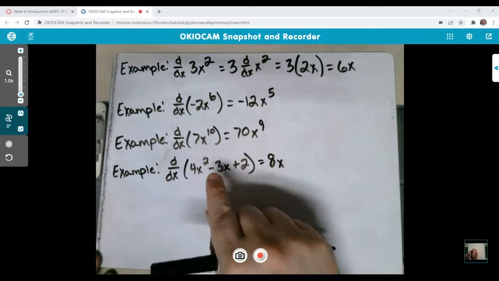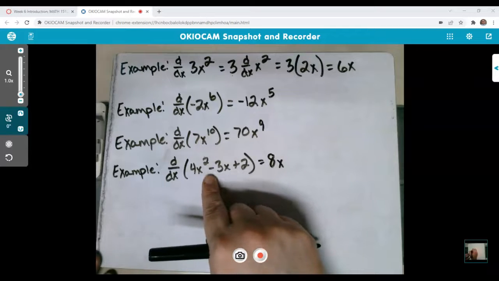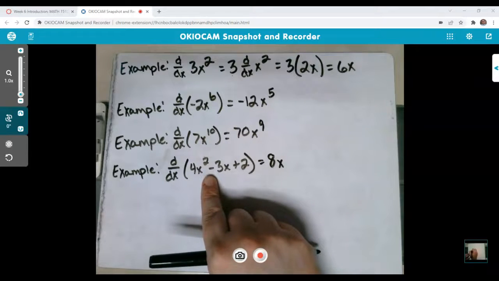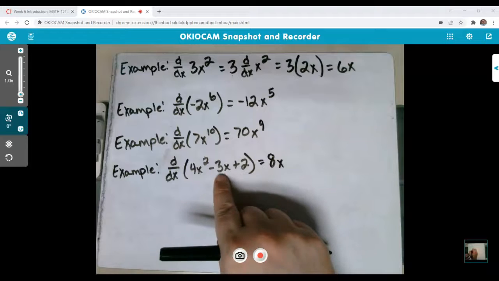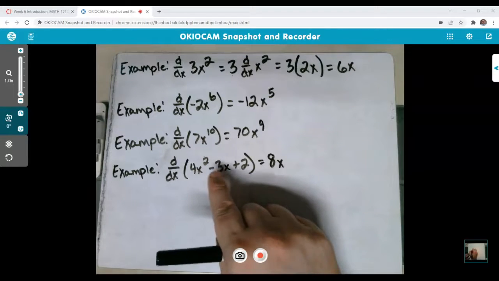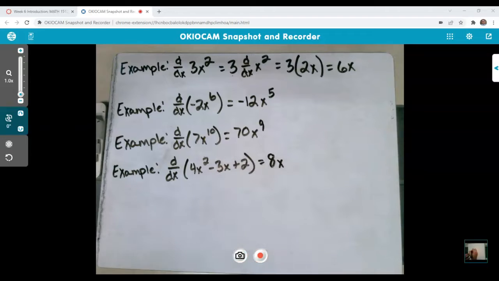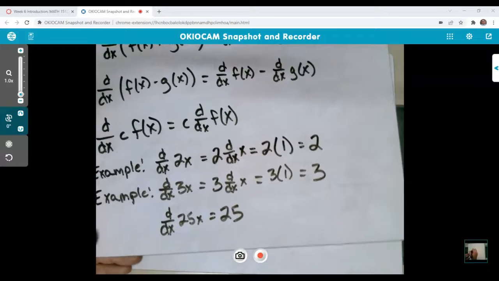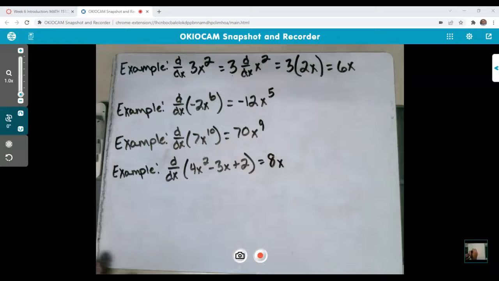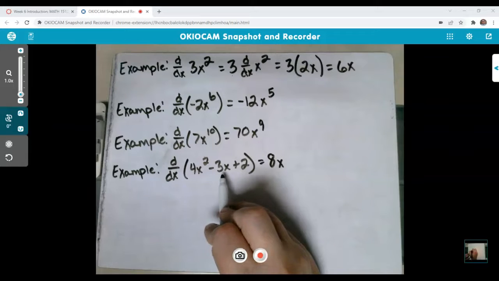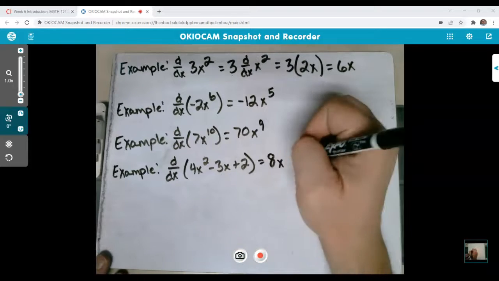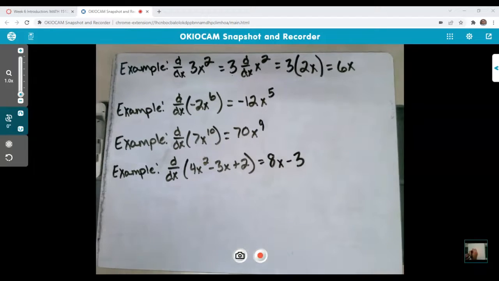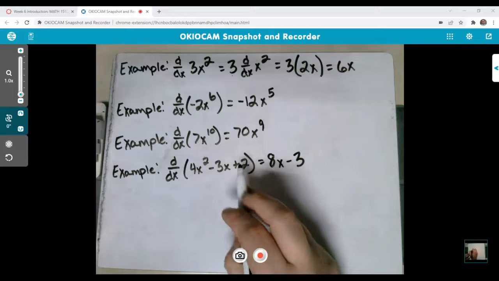Now I move on to the next term. Minus the derivative of 3x. Well, we said whenever I have a constant times the x, it's just whatever the constant is, right? We did that right here. So using that idea, the derivative of 3x is 3. So minus 3. Then I move on to the last term, which is 2, which is a constant.